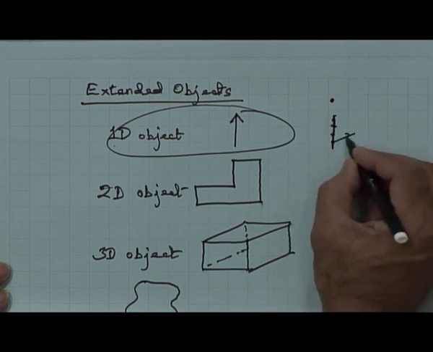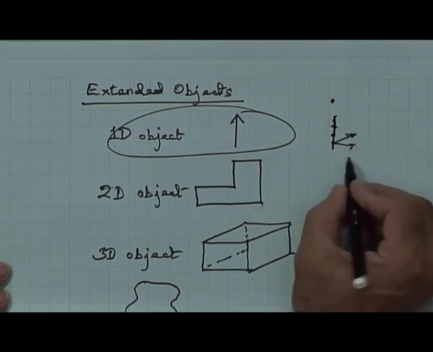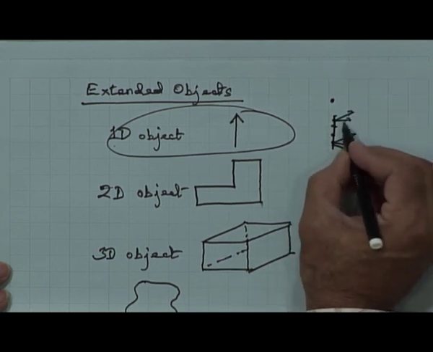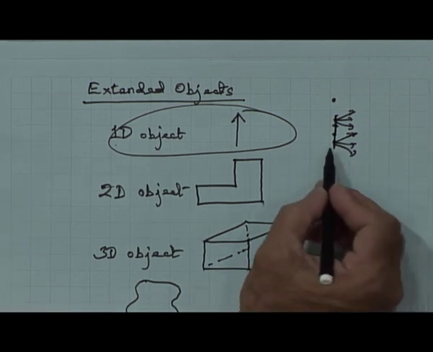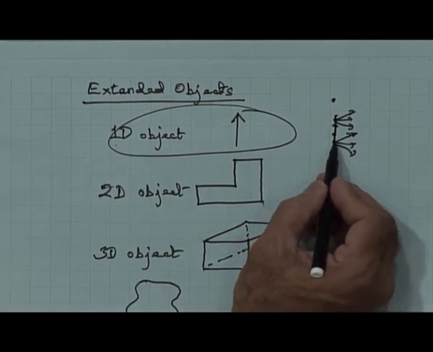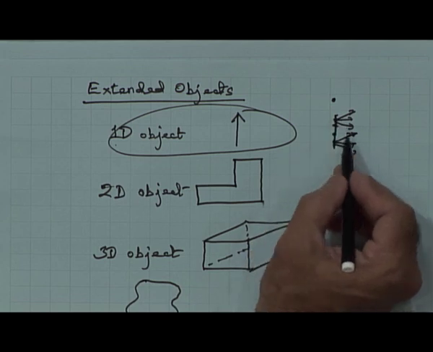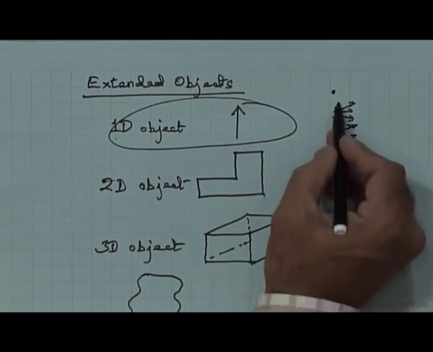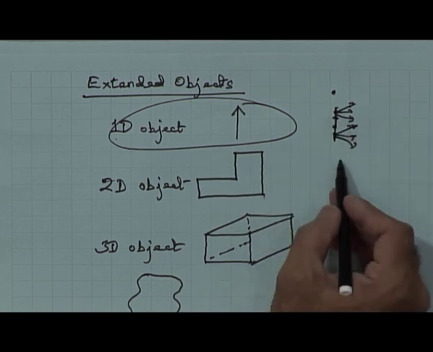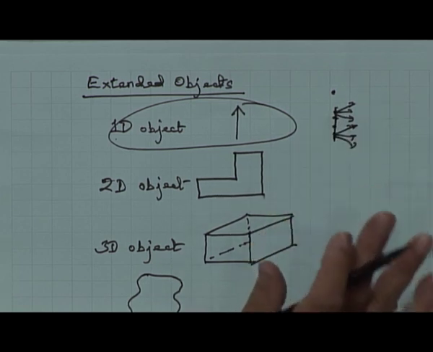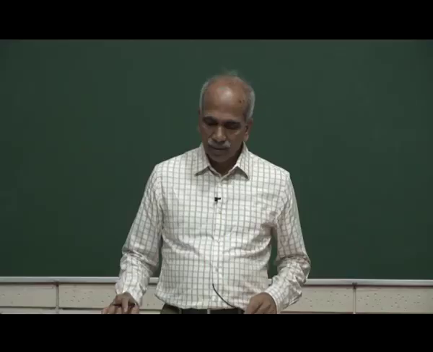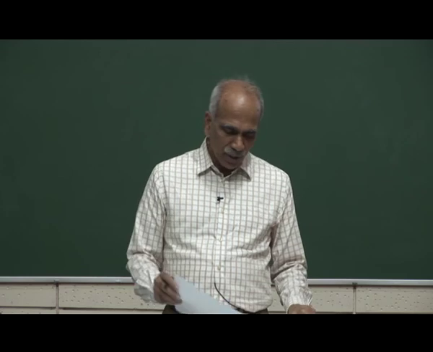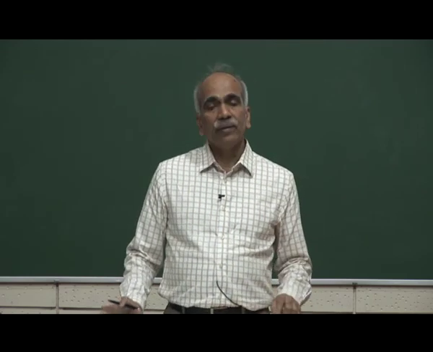So, rays come out from every point on this. If we can locate the corresponding image point for every point here, then we would be able to locate the image of the object after reflection. So, we will discuss formation of these extended images in the next lecture.